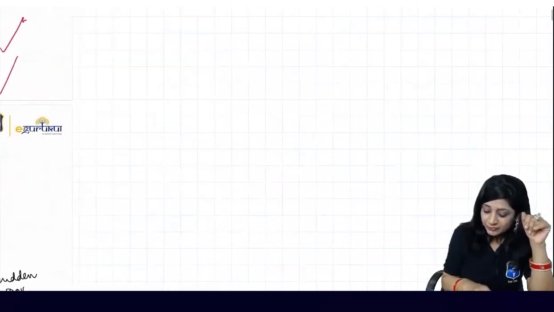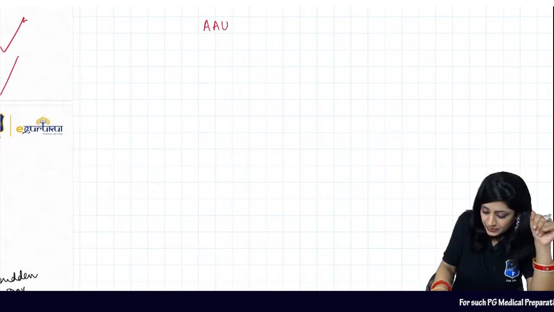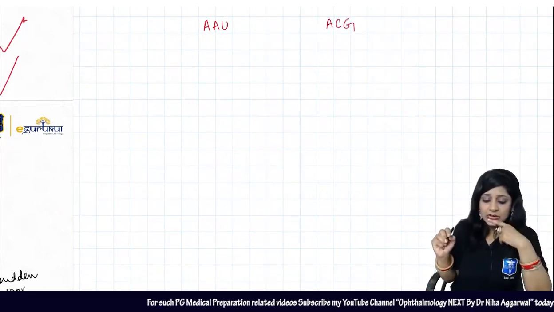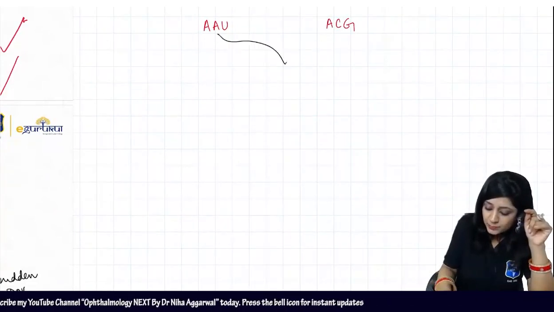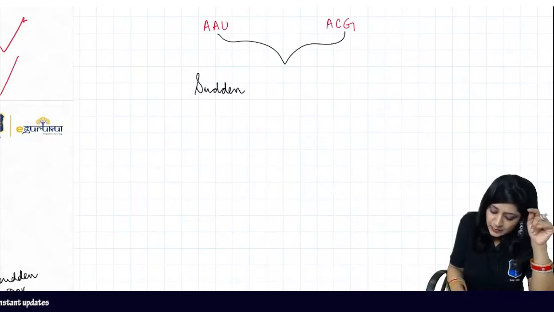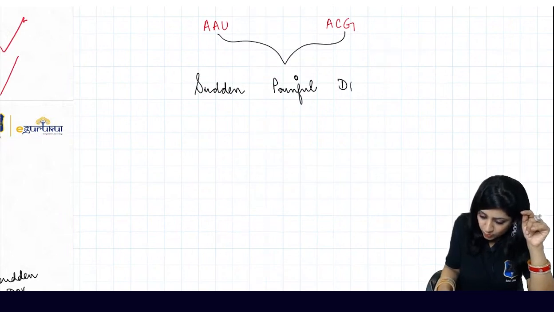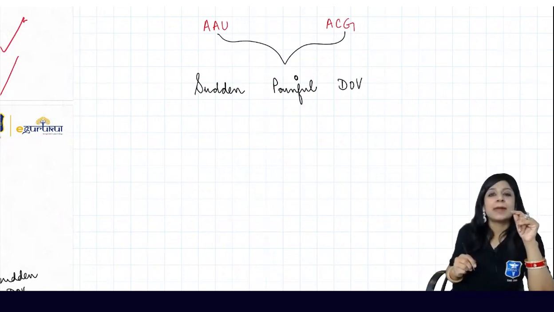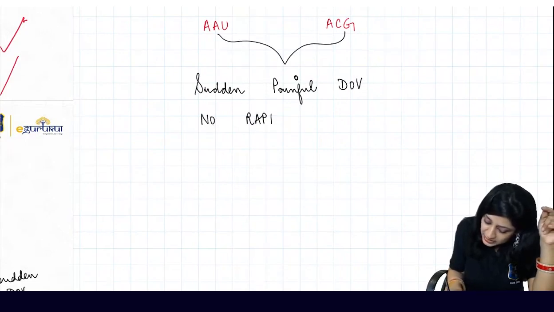Now, see, if I talk about the acute anterior uveitis and acute congestive glaucoma, both of them will cause sudden painful diminution of vision, but there will be no RAPD. So you have to see something which should have RAPD also.